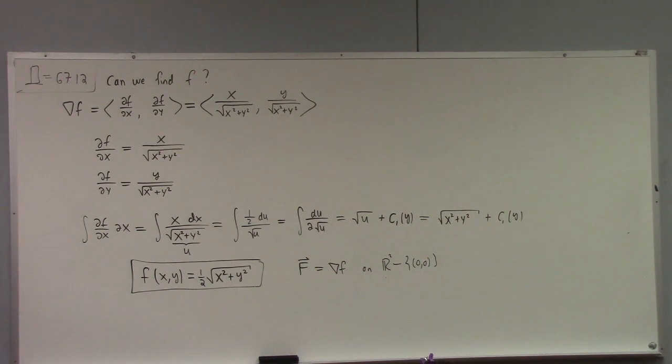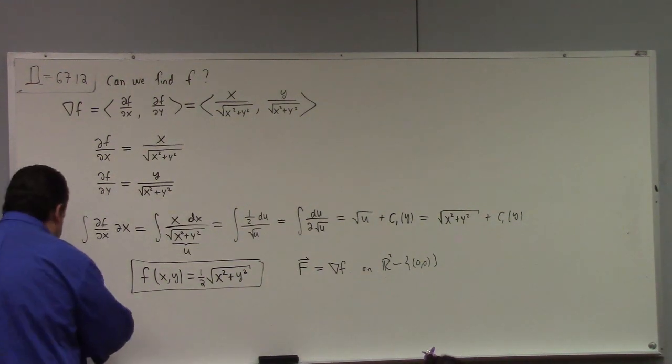This means that the vector field that we're looking at, namely r hat, is what's called a conservative vector field, all right? Definition.